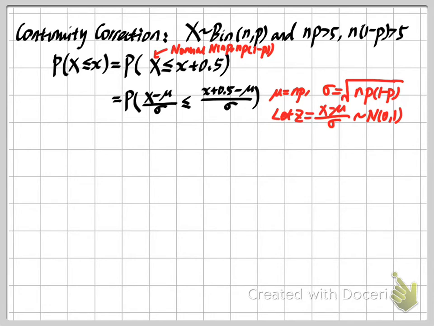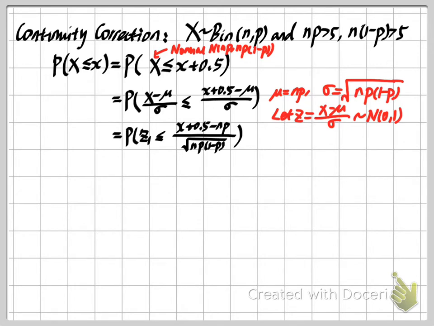Now I can rewrite this as the probability of capital Z smaller or equal to the value minus the mean, divided by the square root of np(1 minus p).